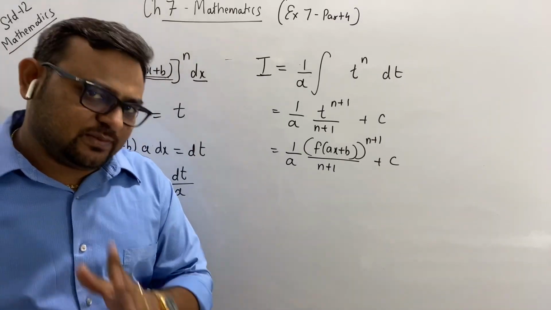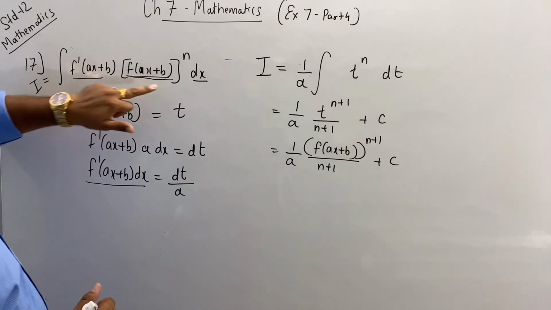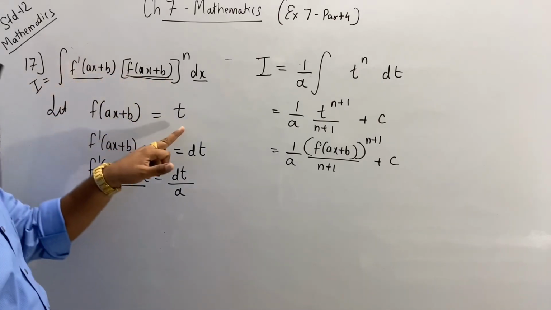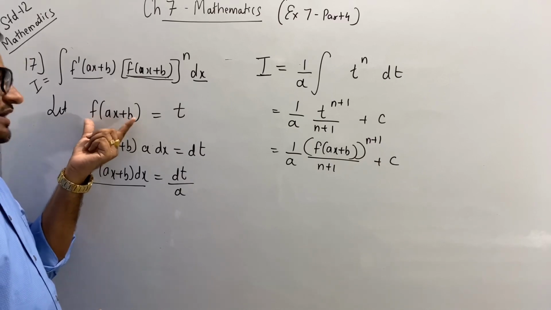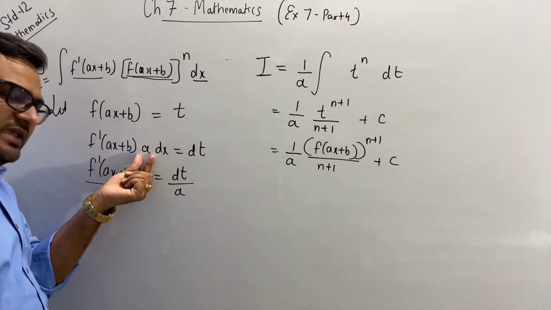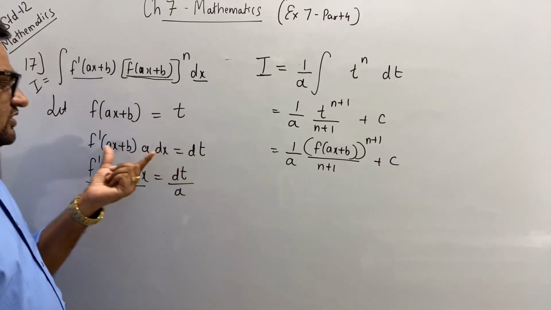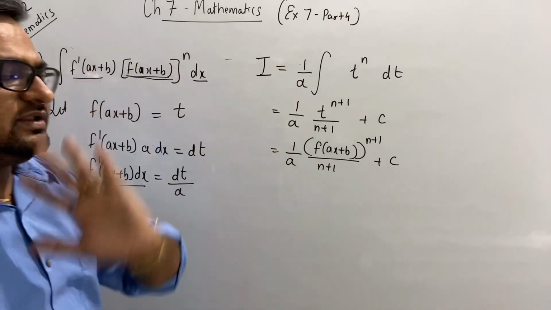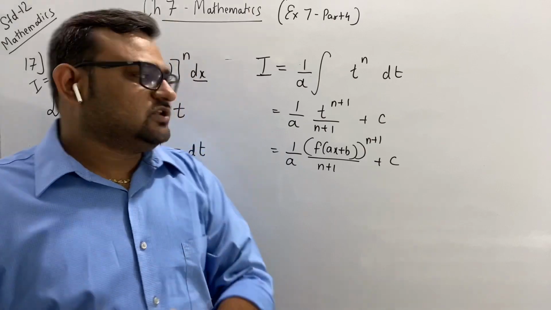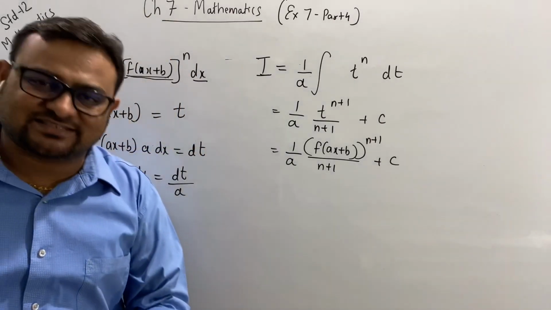Here I am repeating what we had done. We had assumed f of ax plus b as t. So when we differentiate it, f dash ax plus b into d by dx of ax plus b, which is a, will be dt. So I have just replaced this value in the question and solved it. Okay? So just go through question number 17.